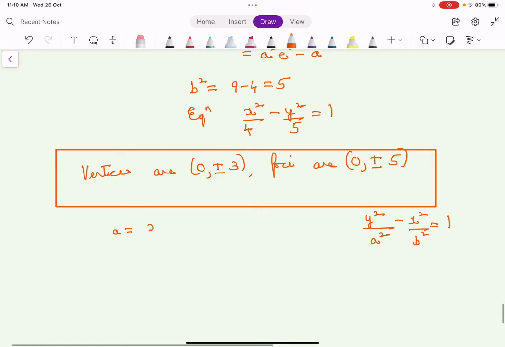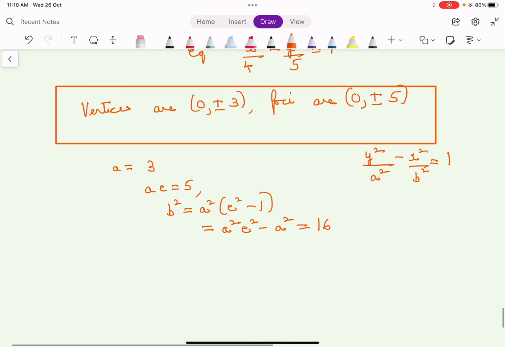So your a is 3 here and your AE is 5. So again, using b squared equal to a squared into e squared minus 1. This is a squared e squared minus a squared, that is 25 minus 9, which is 16. So your equation of the hyperbola reduces to y squared by 9 minus x squared by 16 equal to 1.